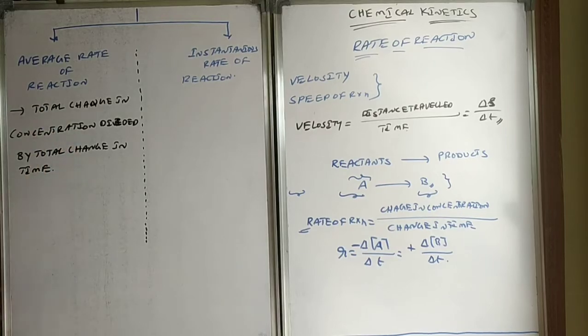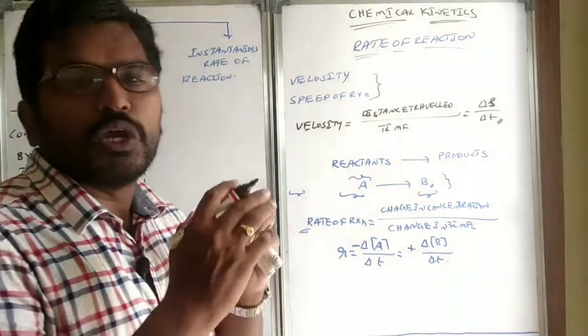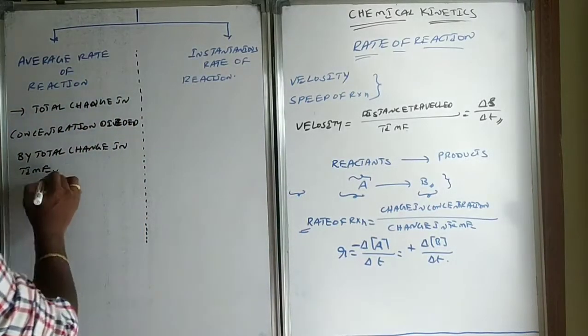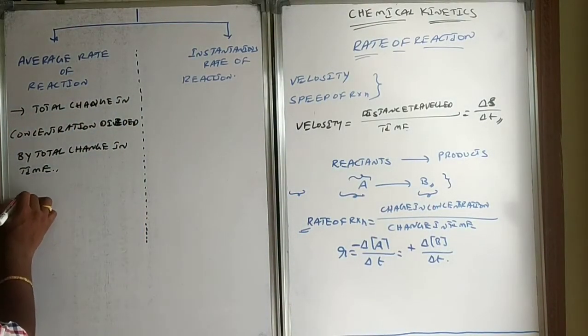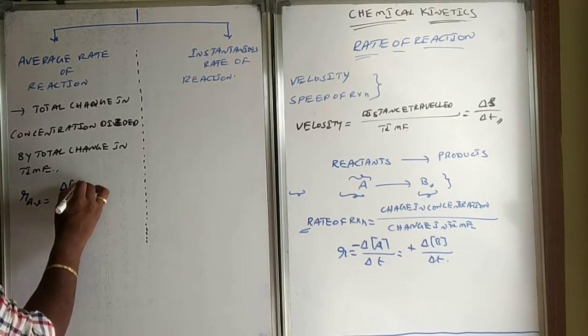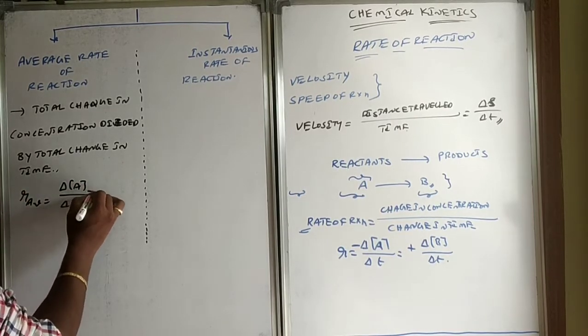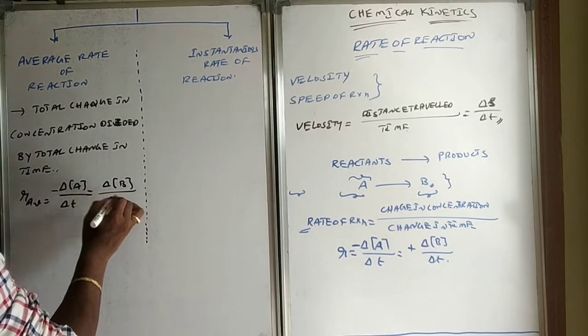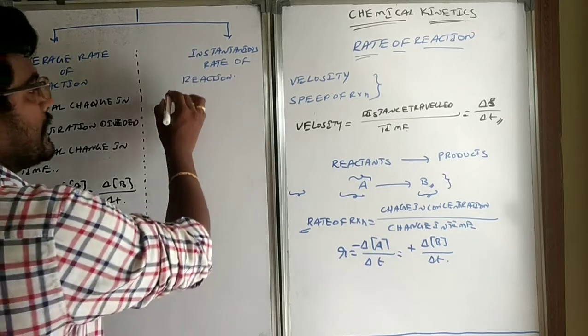So the average rate is equal to minus delta A by delta T, and delta B by delta T.